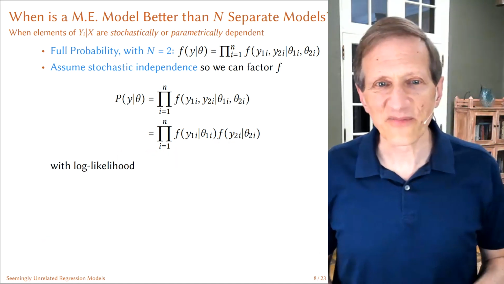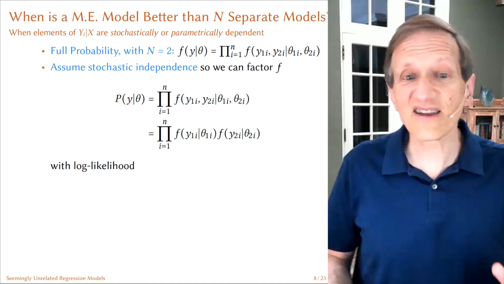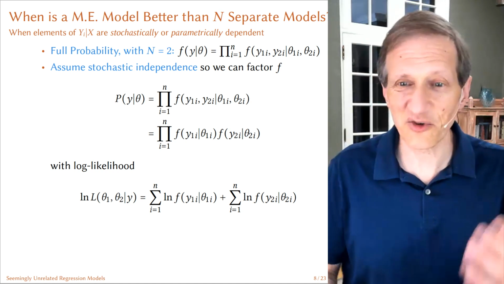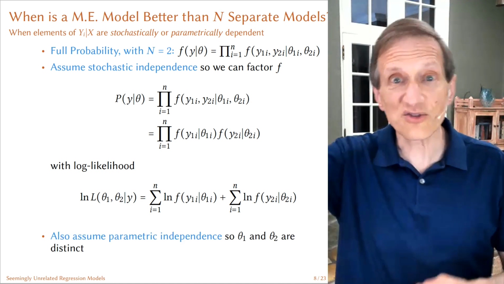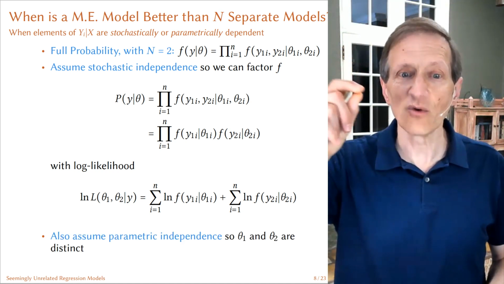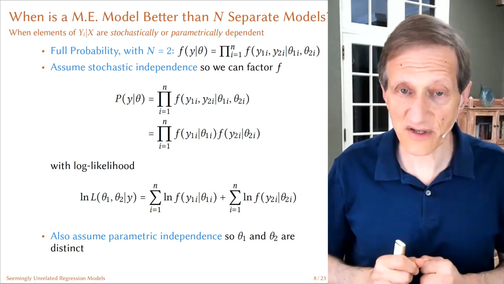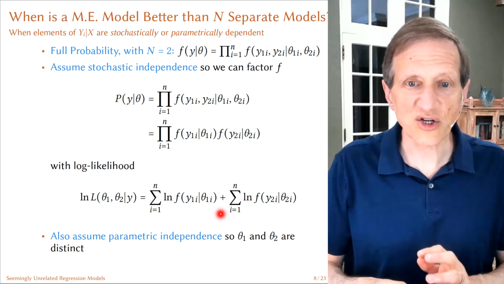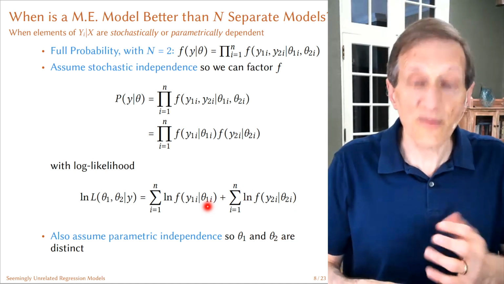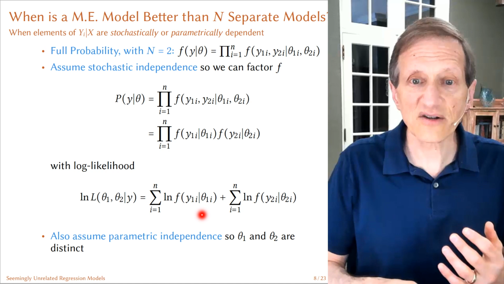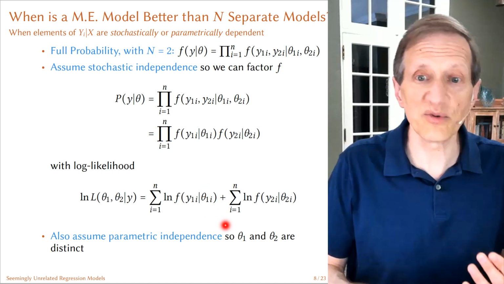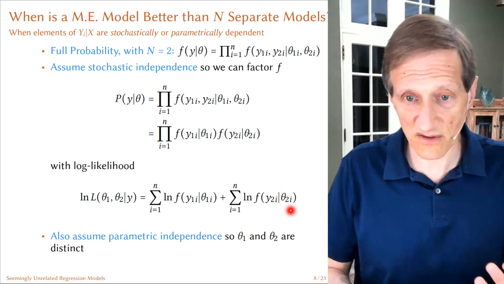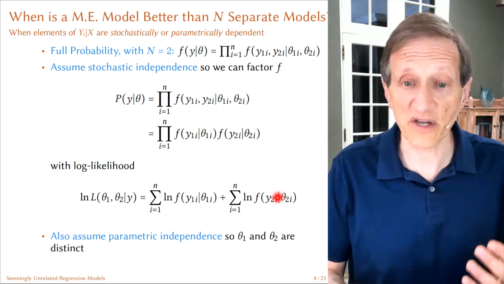Now let's write down the log likelihood. What's the log likelihood? Well, the log of the product is the sum of the logs, right? We have the 2 pieces here. Now let's make one more assumption. The second assumption, we'll assume parametric independence, and all that means is theta 1 and theta 2 don't share any parameters. You could say that this is a vector, and this would be a vector, just like in a normal likelihood model for one equation.